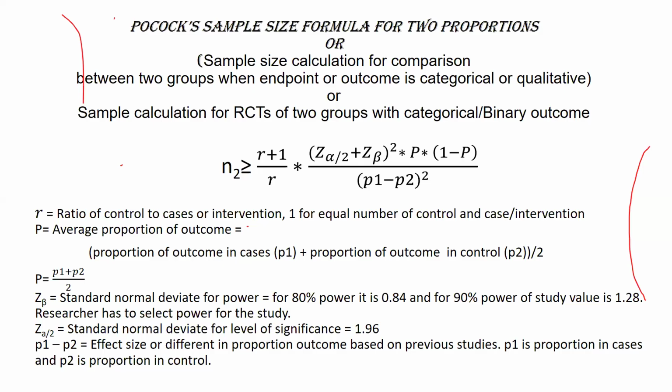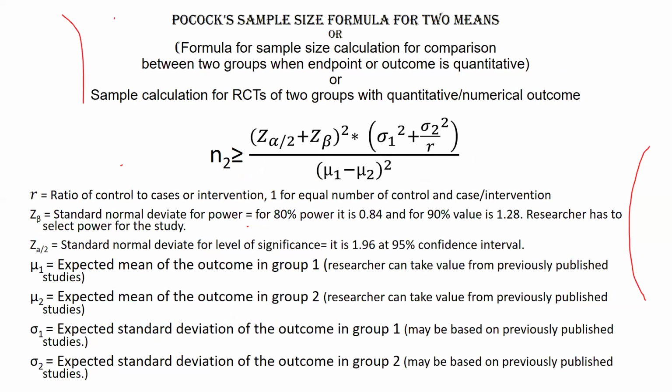But that formula is for categorical, qualitative data or proportions. So here we have to use this formula. It may look very complicated the first time, but don't worry, we will discuss each and everything one by one.